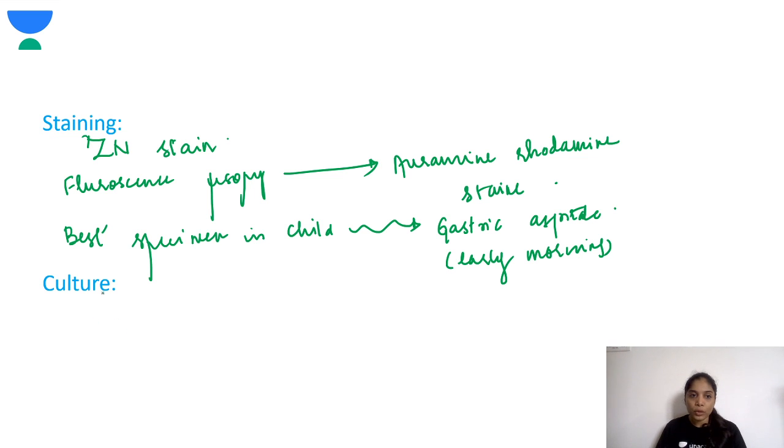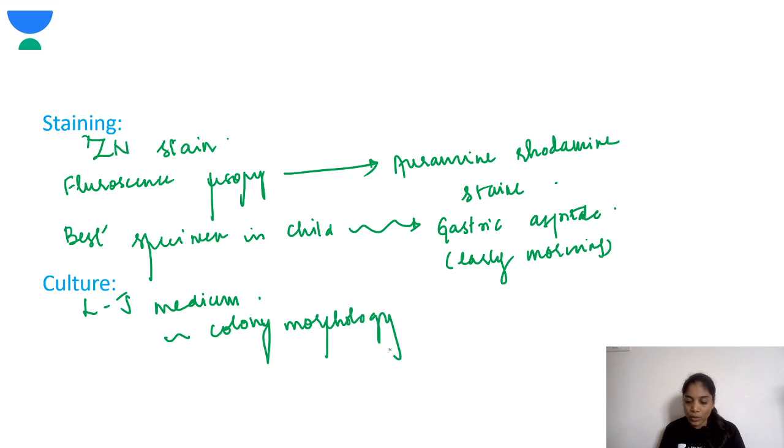Now coming to the culture, as I've told you, the LJ medium is the best medium for Mycobacterium tuberculosis. It will tell you the colony morphology, the growth rate and the pigment production.